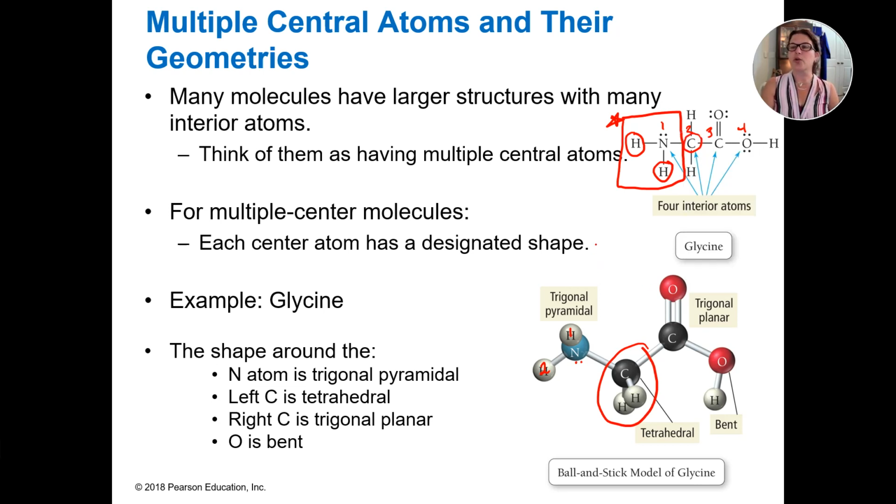So what that means is that there's 3 attachments, 1 lone pair, and that is in the category for electron pair geometry of tetrahedral, but for molecular shape, trigonal pyramidal.